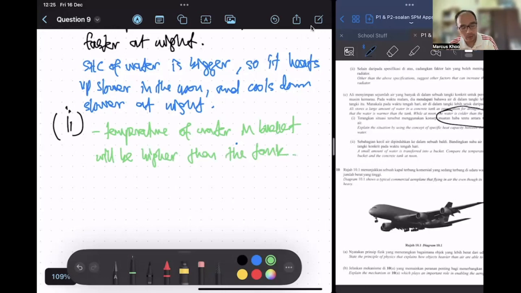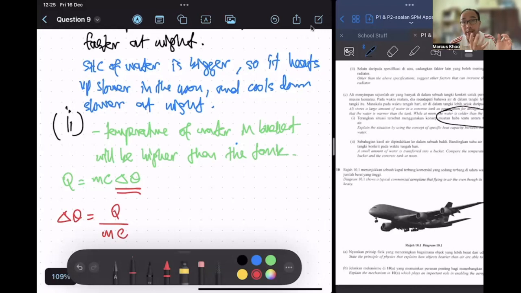If we go back to the formula for heat, Q equals mc delta theta, what we're interested in is this delta theta. So delta theta equals Q over mc. The amount of heat doesn't change because it's the same amount of heat for both the tank and the water in the bucket.